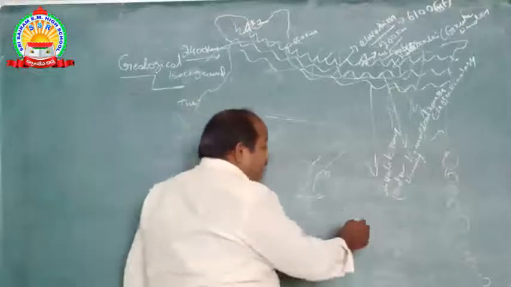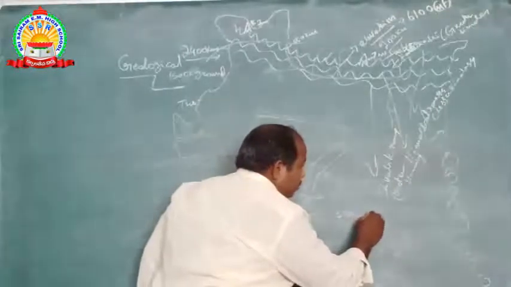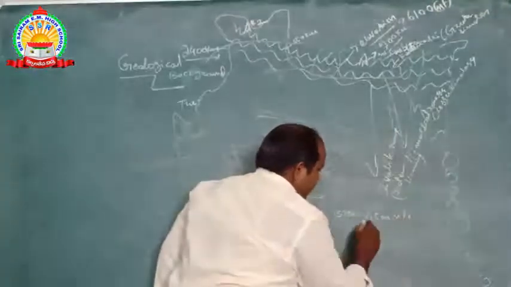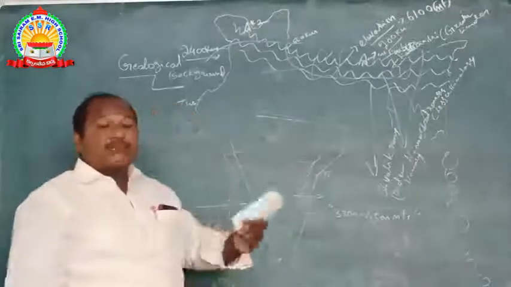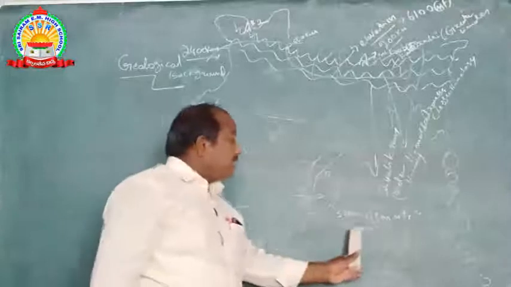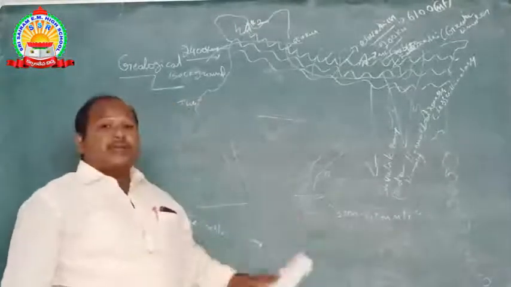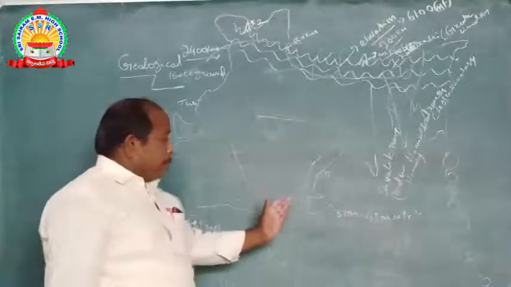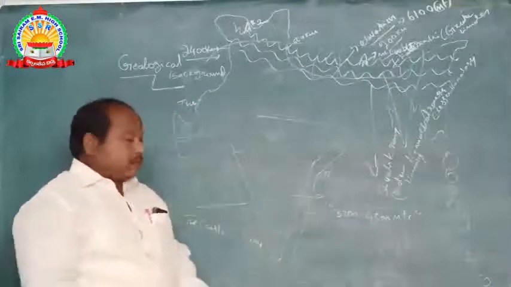Average elevation is 3700 to 4500 meters, meaning the average heights of these ranges are 3700 to 4500, and also there are some valleys.